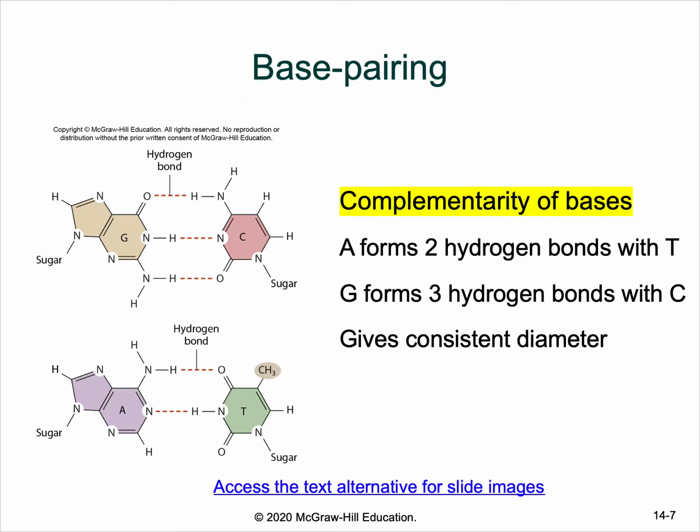Some people have little sayings that help them: for A and T, it's audible tree, and G and C is gato cat. If that helps you, jot that down so that you can keep it in your head.